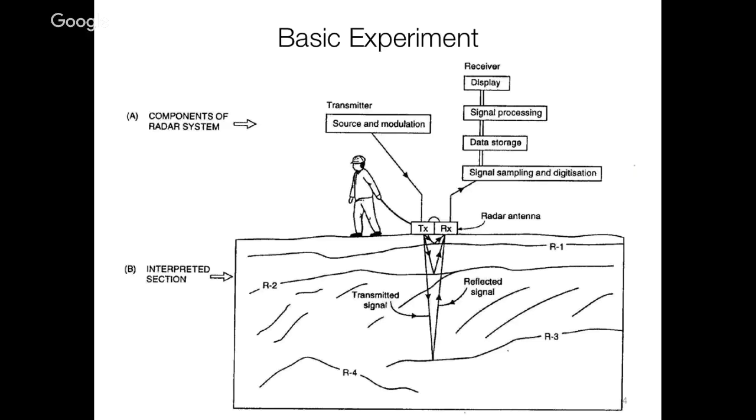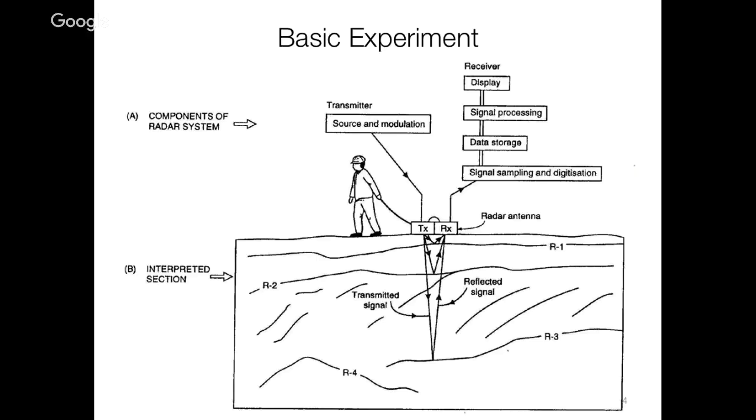So here's the experiment, and how many people here are seismologists? There's often a number of seismologists that are just trying to figure out what the heck this electromagnetic stuff is. And then you show them GPR and they're just so comfortable at home.